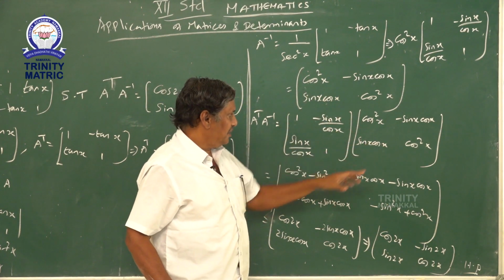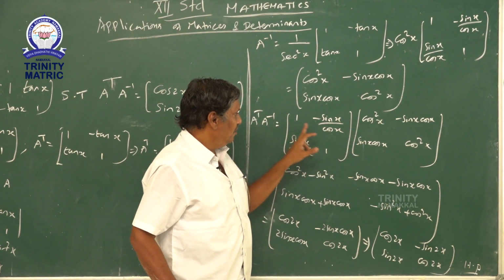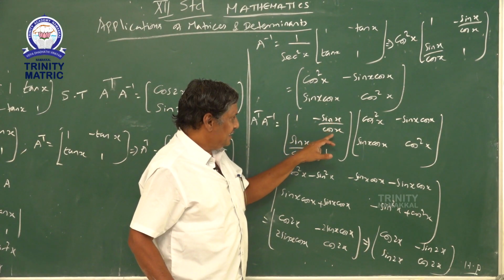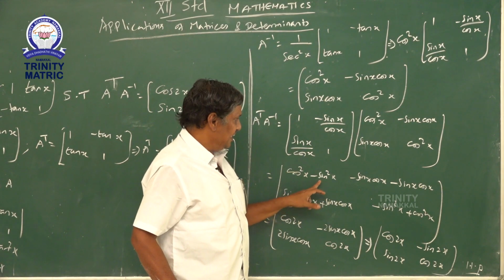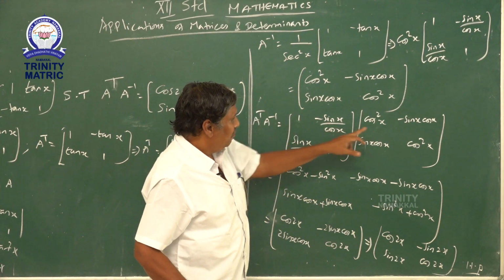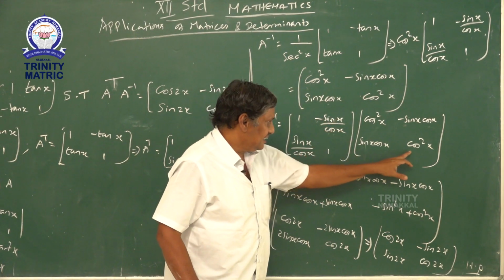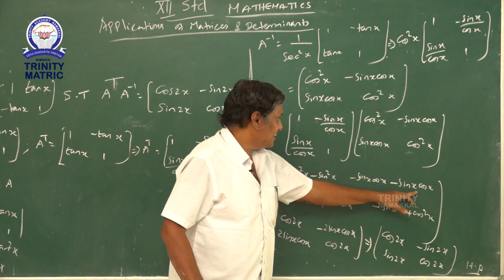Now, how will we multiply? First row, first column: 1 into cos square x, minus sin by cos into sin x cos x. The cos cancels, so minus sin square x. Similarly, 1 into minus sin x cos x, minus sin x by cos x into cos square x; the denominator cancels, so minus sin x cos x.